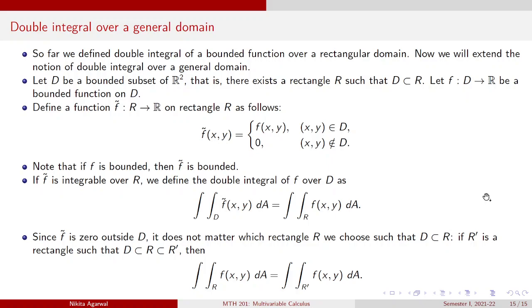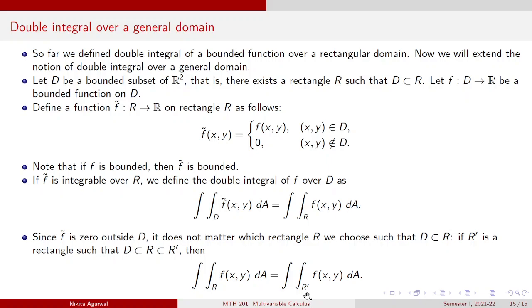Now since f tilde is 0 outside D, it does not matter which rectangle R we choose such that D is contained in R. Because if there is one rectangle R inside which D is lying, you can of course take infinitely many rectangles which contain D. So if R prime is a rectangle such that D is sitting inside R and R is sitting inside R prime, then the double integral over R of f tilde is the same as the double integral of f tilde over R prime, right?